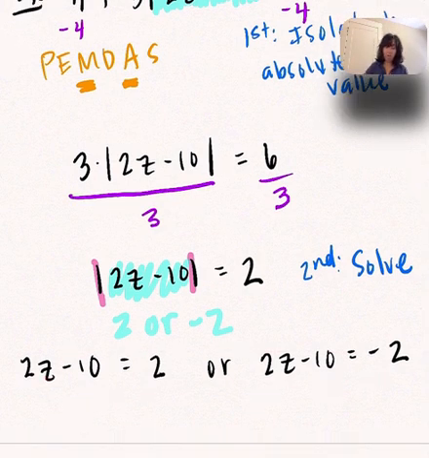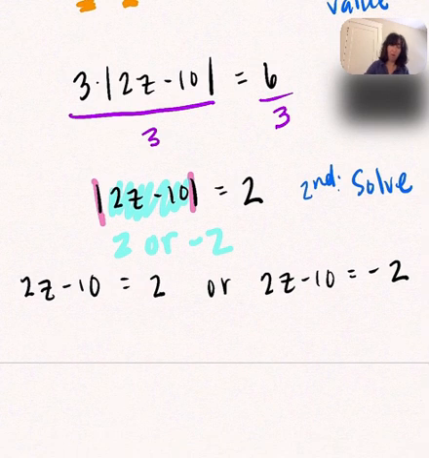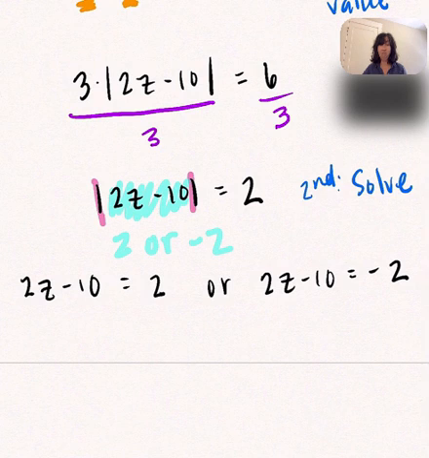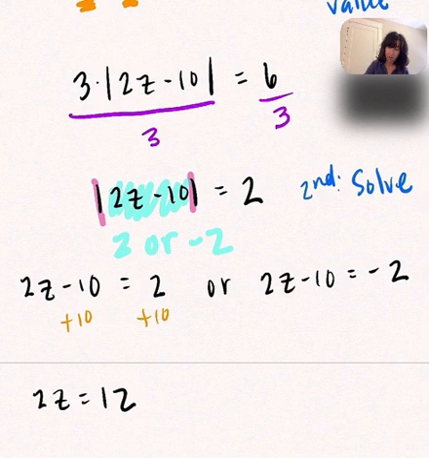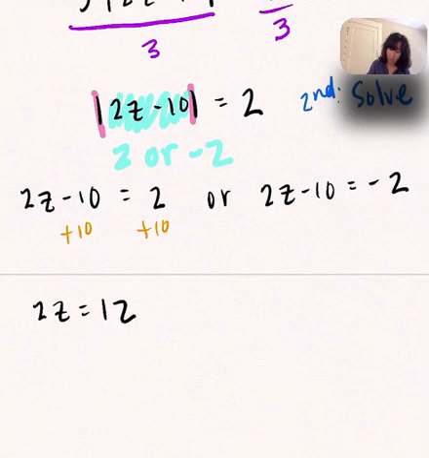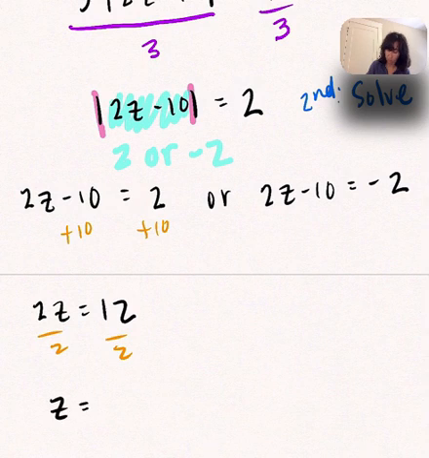Okay, now I have two equations that are linear, and I can solve for z by isolating the z. So how do I do that? I'll solve the one on the left first. I can do that by adding 10 to both sides to get 2z equals 12. Then I can divide both sides by 2 to get z is equal to 12 over 2, which is 6.